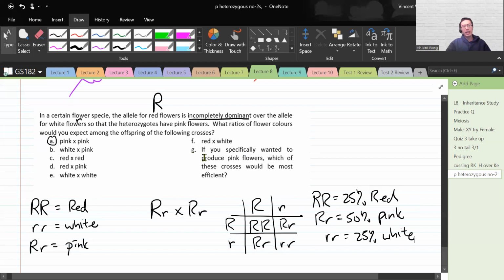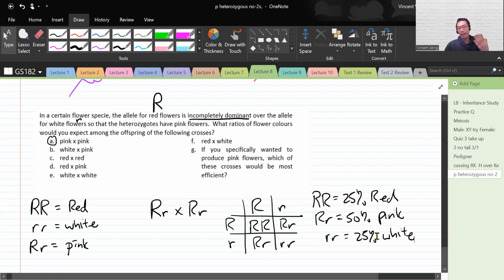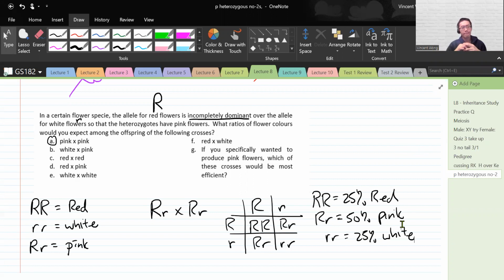Skip to G here. If you specifically want to produce pink flowers, which two parents should you start with? If you only want to make red flowers, what are you going to start with? So you can see if I start with two pink flowers, I would get half of them as pink flowers. But what if I want all of them to be pink flowers? What am I going to do? Anybody?